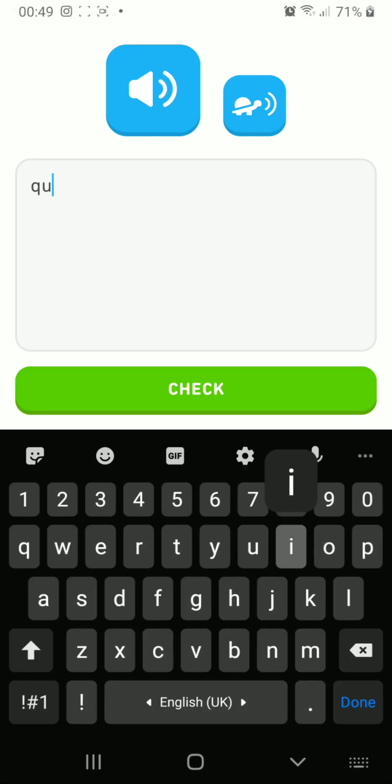Quinque feminae domi dormiunt. Quinque. Quinque feminae domi dormiunt.